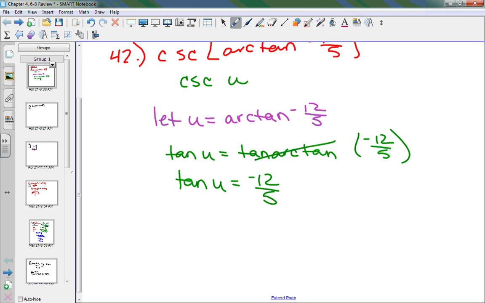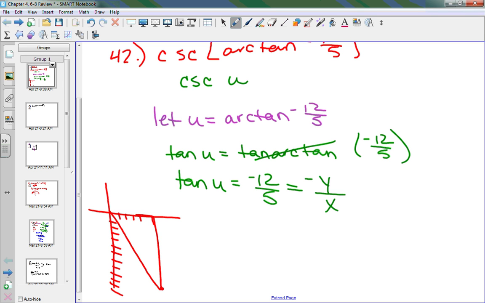Now, that's very, very helpful information. You know why? Because now I know that this is going to be y over x, which is negative y over x, because tangent is opposite over adjacent, or y over x, whichever way you need to view it, which tells me an awful lot. 1, 2, 3, 4, 5 is my x. 1 through 12 is going to be my other point, my y value.